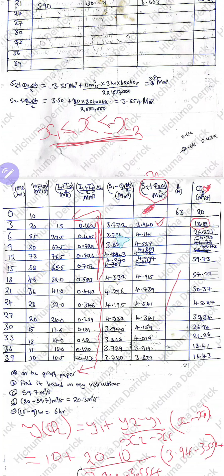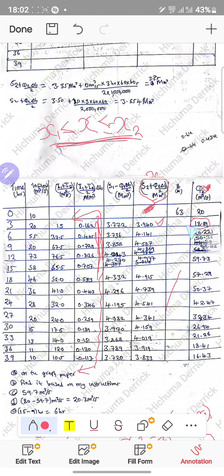Now to find the next value of minus here, you need to subtract the value that you get after converting it from this value. When you multiply this 18.89 times the change in time, which is 10,800, then you divide that by a million, so that it becomes million meter cubed. Then you subtract the answer that you get from this figure here.